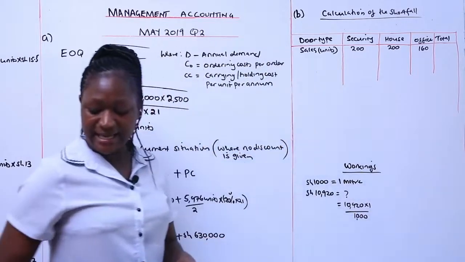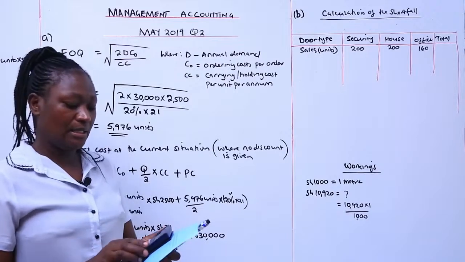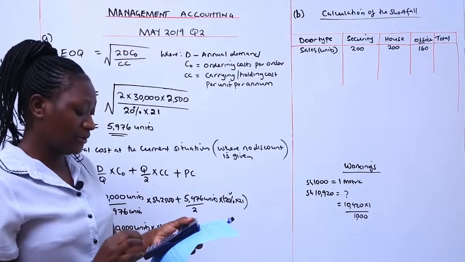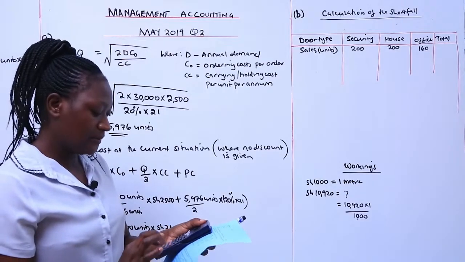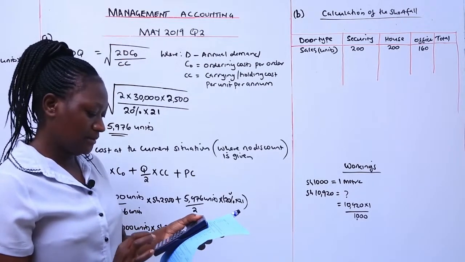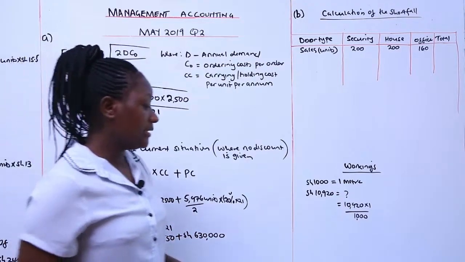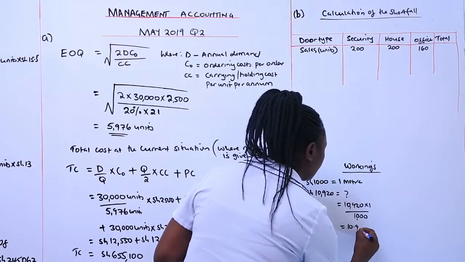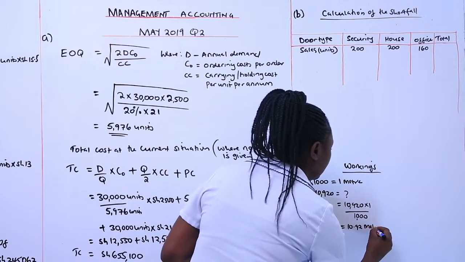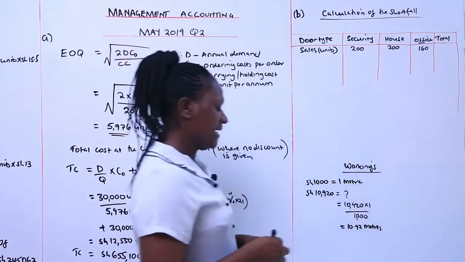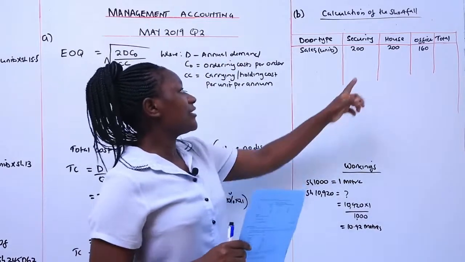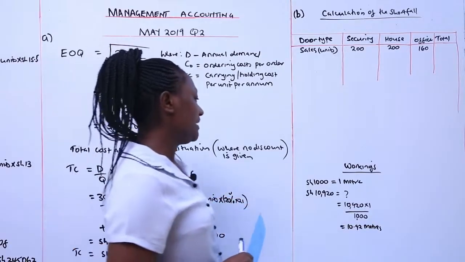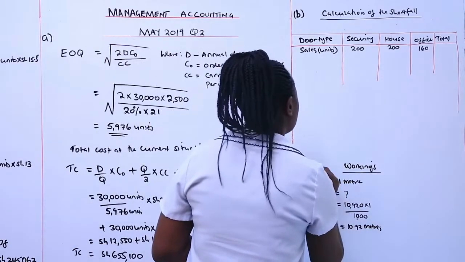It will give us the number of meters that are required to produce 1 security door. So 10,920 divided by 1,000 gives us 10.92 meters, meaning to produce 1 security door, we require 10.92 meters. This is security.